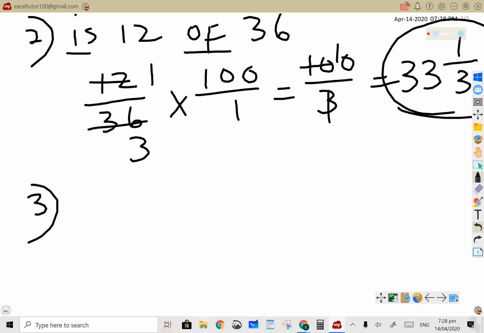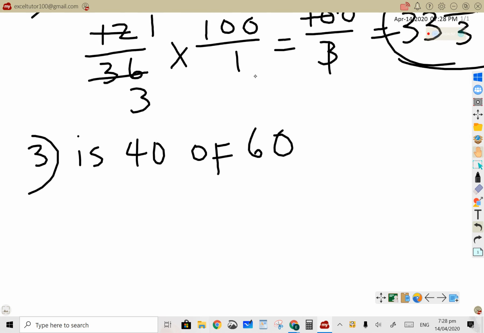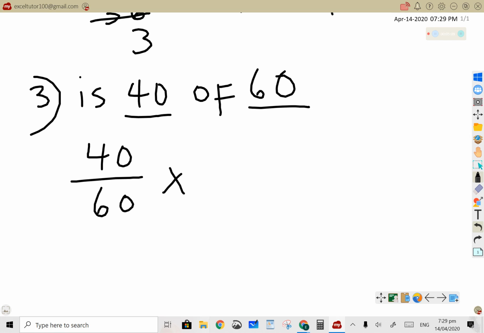So if we look at a third example, we have is 40 of 60. And again 40 will be "is" and 60 will be "of". So 40 over 60 multiplied by 100 over 1. Last week I showed you how to use the zeros to cancel off, right?